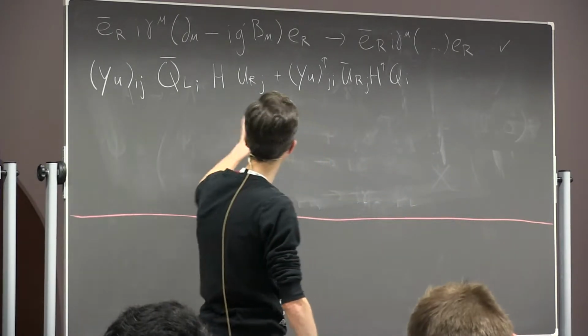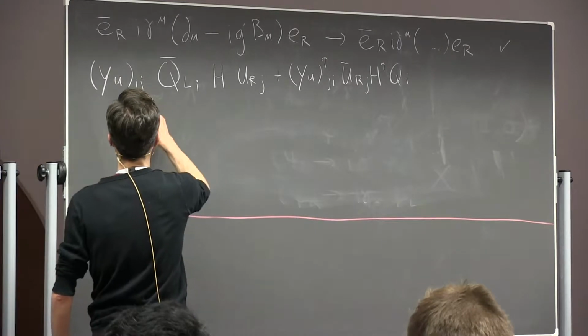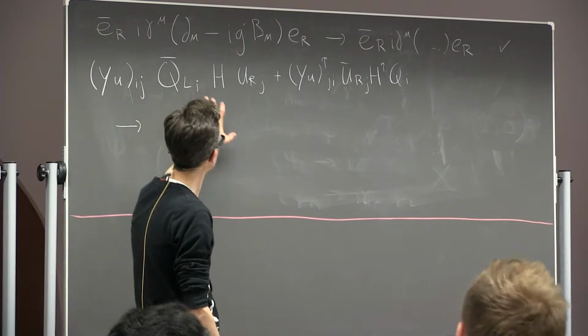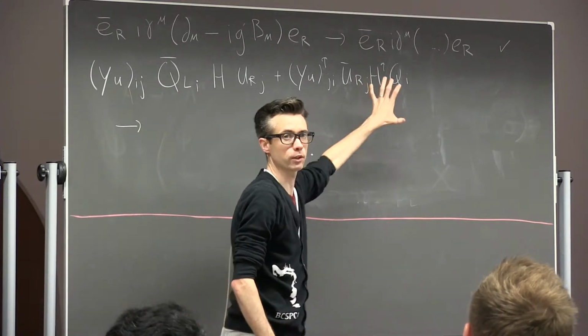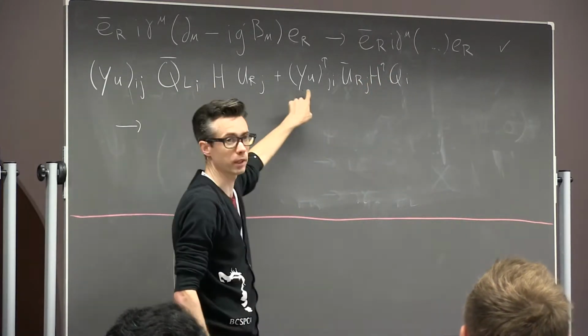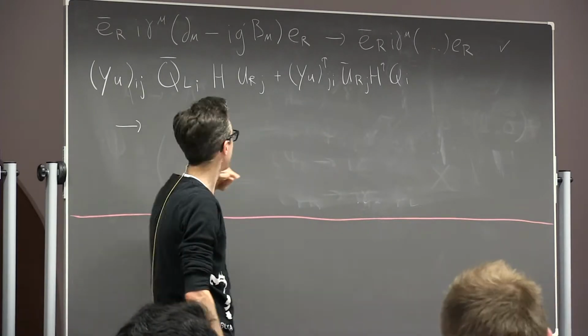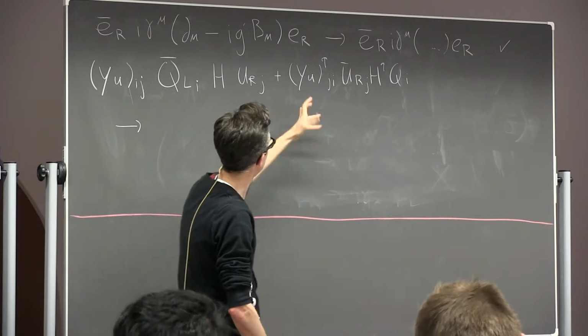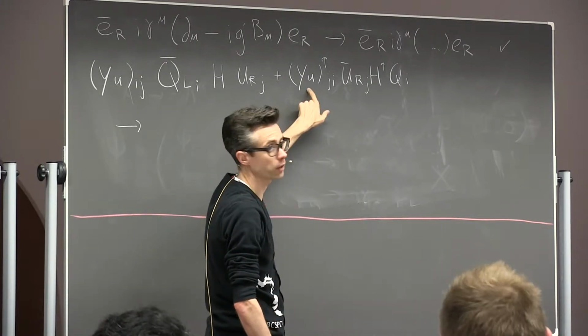So it turns out when I take this and apply the C transformations to it, what happens more or less is this term transforms into this term, and this term transforms into this term, but the couplings don't do anything. So because this term transforms into this term, and then I flip these, I end up with essentially a Yu star.